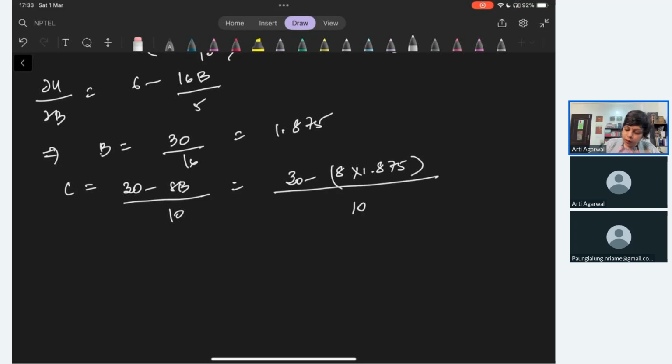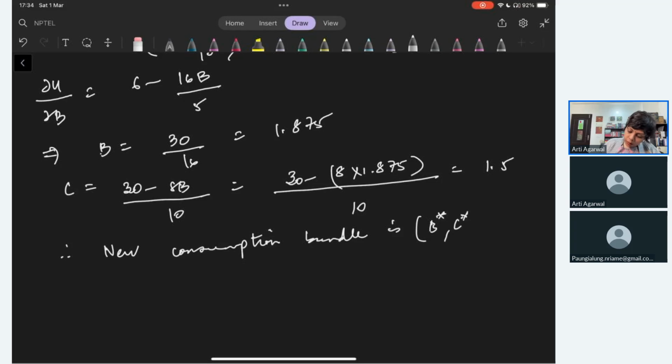This comes out to be 15. 15 by 10 is equal to 1.5. Therefore, the new consumption bundle is B star comma C star is equal to 1.875 comma 1.5. Okay, this is the new consumption bundle.